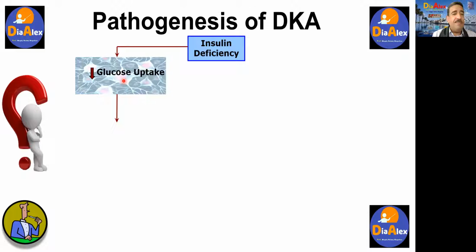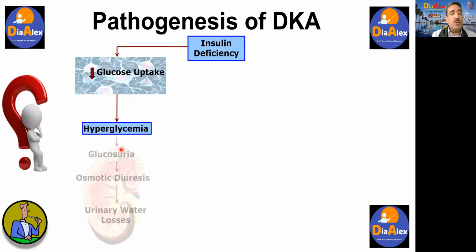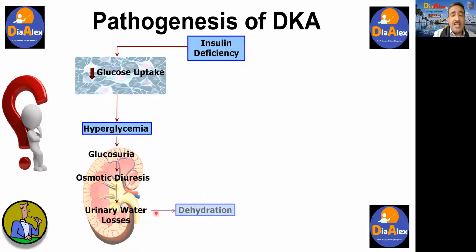So when there is insulin deficiency, the glucose uptake will be decreased, and this will lead to hyperglycemia. When the blood glucose exceeds the renal threshold, glucosuria will occur, and osmotic diuresis will occur, leading to urinary water losses. When there is excess loss of water, this can lead to dehydration.